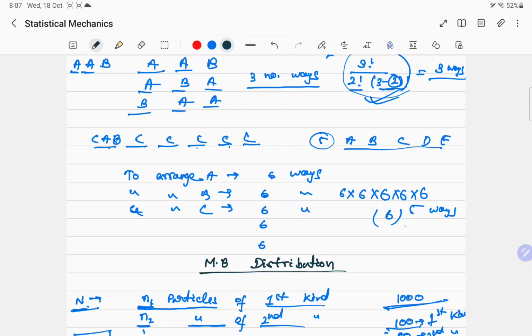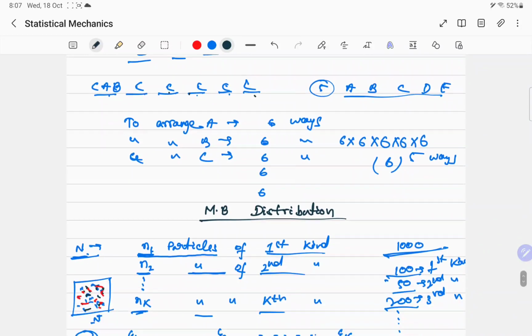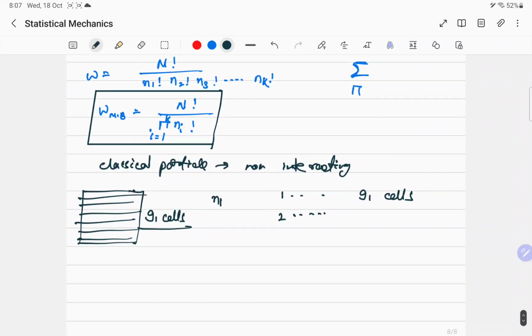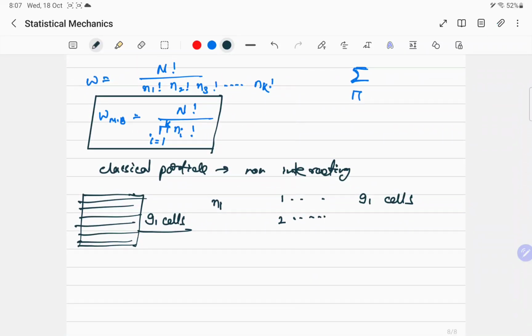from this example of 6 to the power 5, there are 6 levels and there are 5 particles. So levels to the power particles. Similarly in this case also, for the second particle there are G1 cells available, for the third particle also G1 cells available.